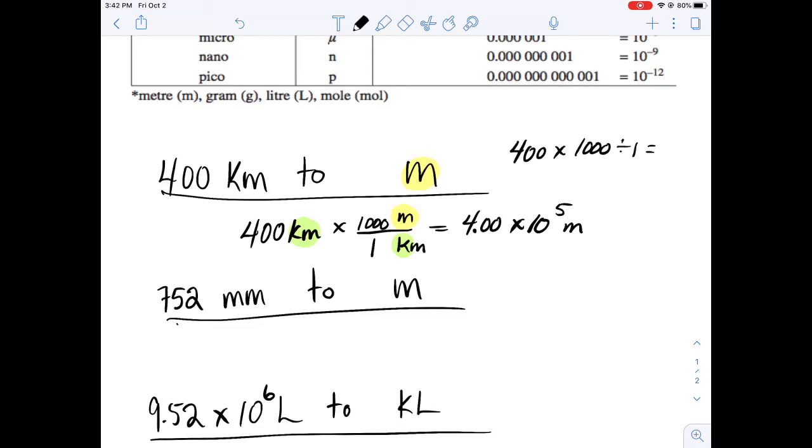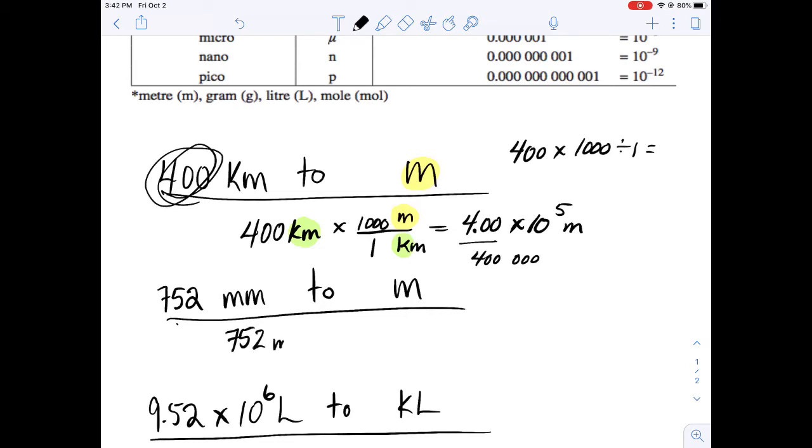So I've put this into scientific notation. If I put this into my calculator, it might tell me 400,000, but that's the wrong number of significant digits. To get the 3 sig digs that I had originally, I put it into scientific notation, which is another video.